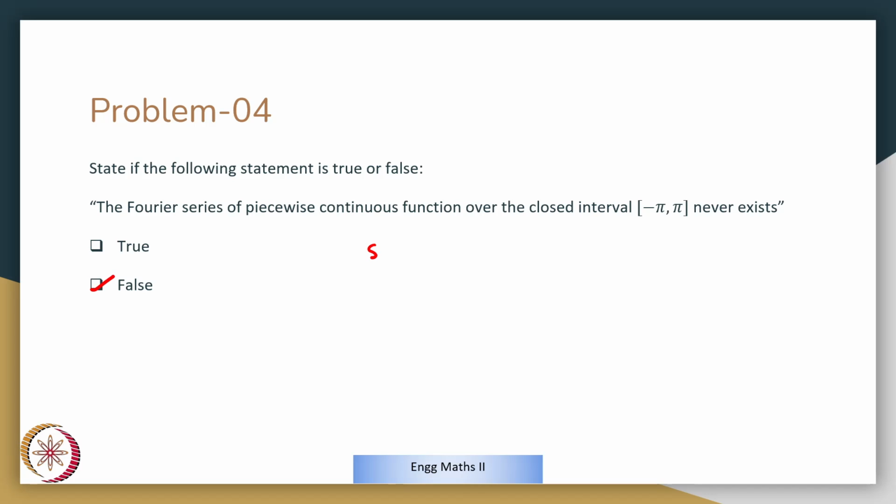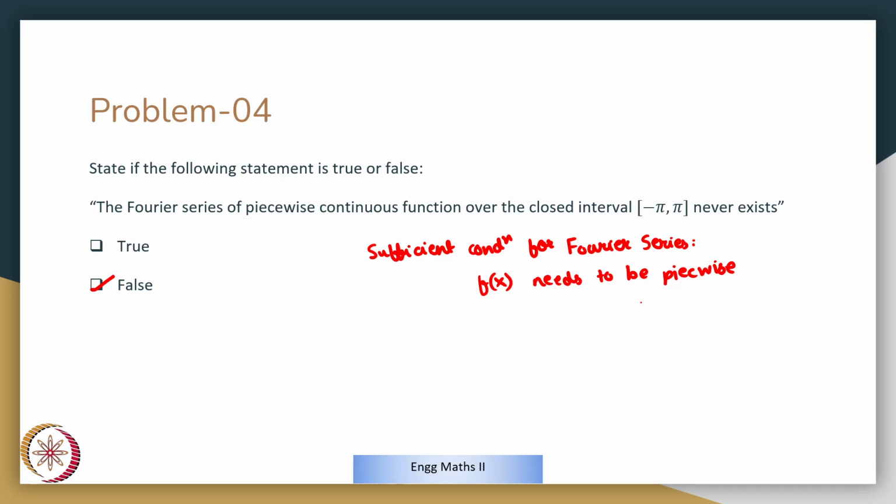The reason is that the sufficient condition for a Fourier series is that f of x needs to be a piecewise continuous function. If this is satisfied, we can write a Fourier series.